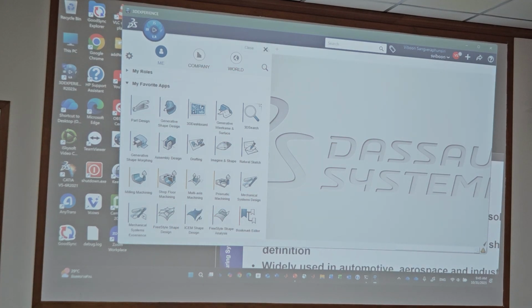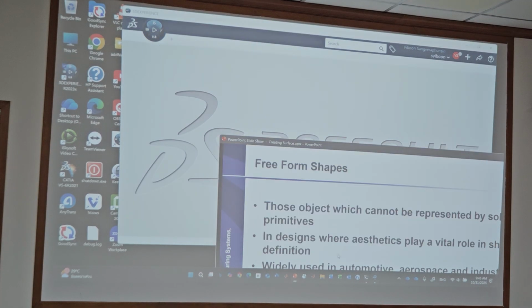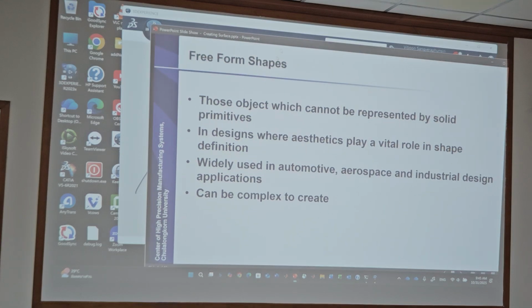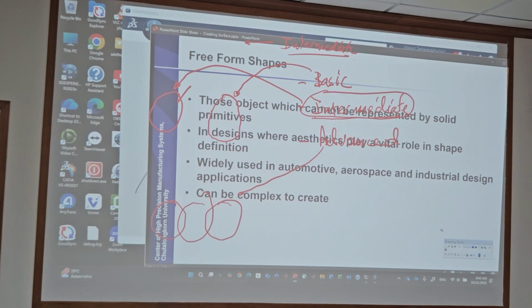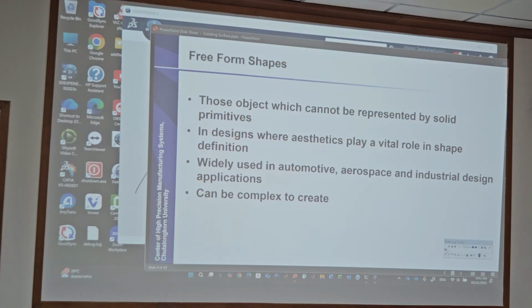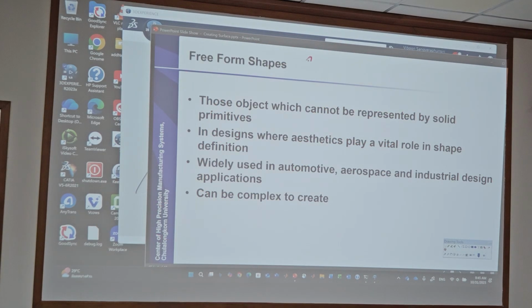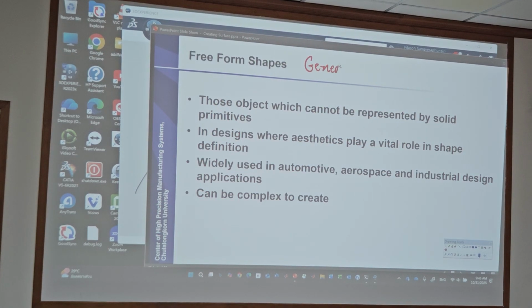Okay, so look at this one. You see, freeform. Those objects that cannot be represented by solid primitives, right? Normally we use wireframe and surface or intermediate surface design. We can say this one is generative shape design.